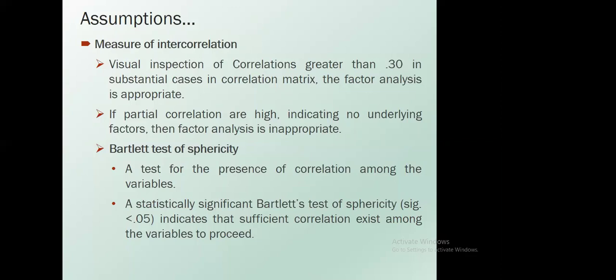Can anybody tell me what's an identity matrix? Matrix पता है? Okay. What's an identity matrix? हाँ, मैट्रिक्स बन गई फिर. हाँ, diagonal elements are 1 and off diagonal elements are 0.